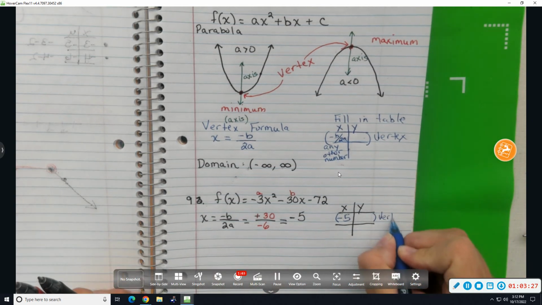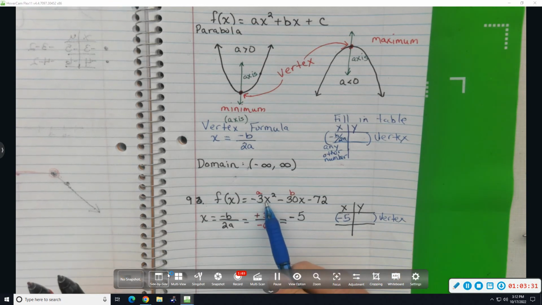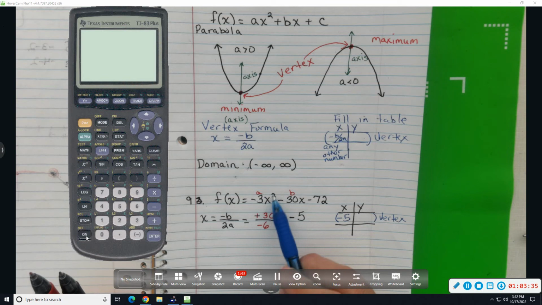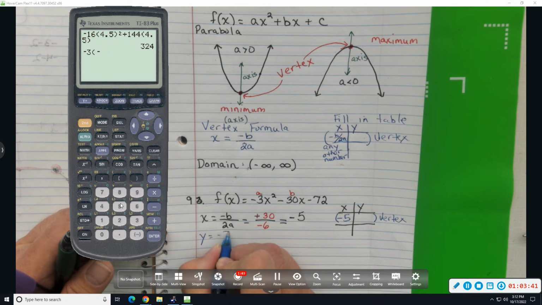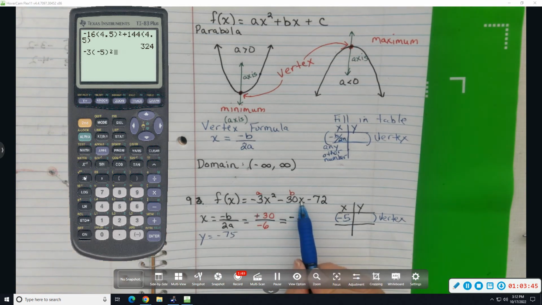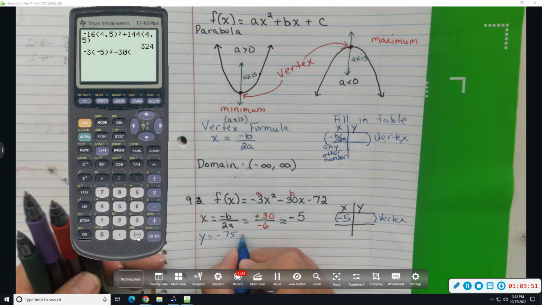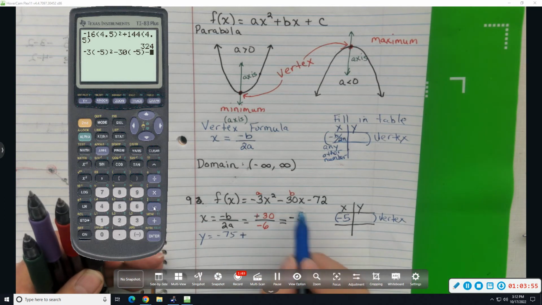But okay. Let's plug a negative 5 in for x. Negative 5 times negative 5, that would be 25 times negative 3. Is that a negative 75? Then plug in a negative 5 in for this x. Negative 30 times negative 5, what's that going to be? It's a positive what?